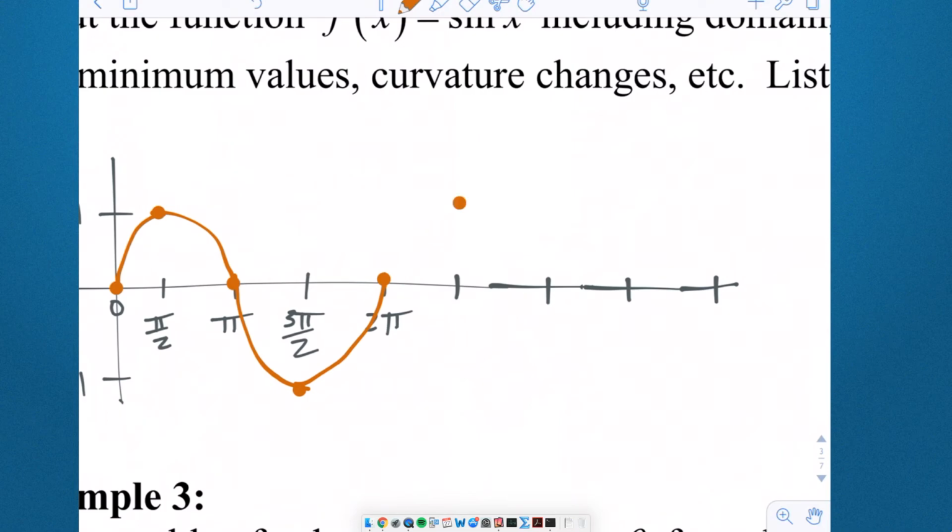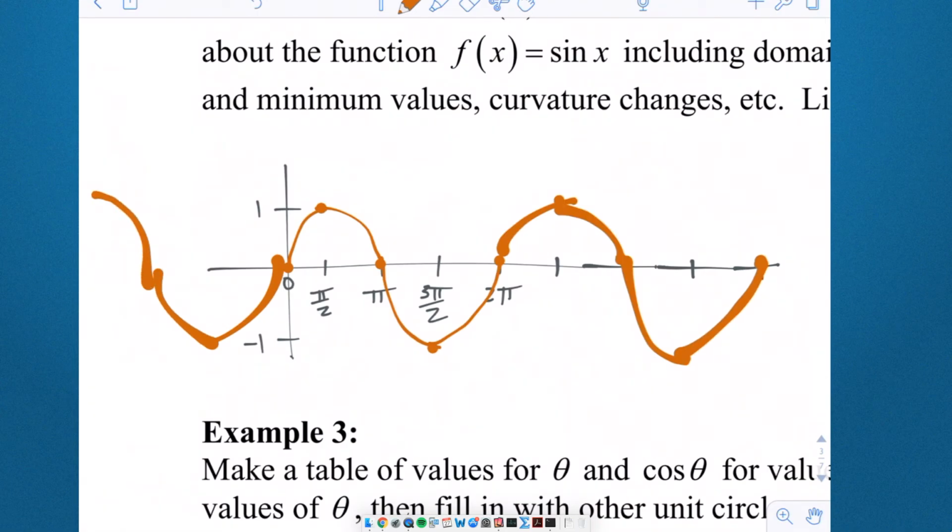It would be high, then axis, then low, then axis. And you could just keep doing that in either direction if you wanted, right? And of course, all you have to do to label them is you're counting by what? How far apart are each of my critical values? Pi halves. So 1 pi halves, 2 pi halves, 3 pi halves, 4 pi halves. That would be 5 pi halves, 6 pi halves, 7 pi halves, 8 pi halves, and you can simplify as you go.